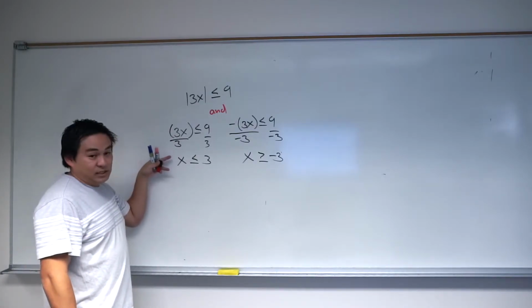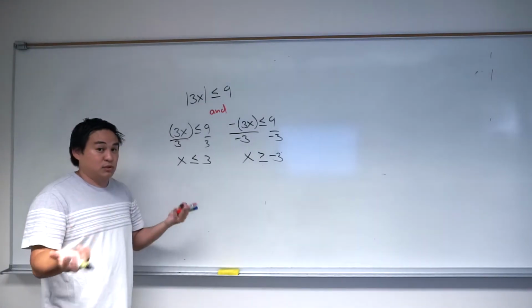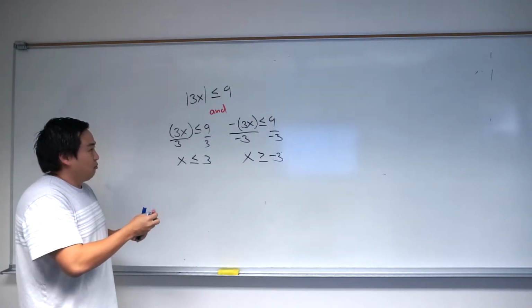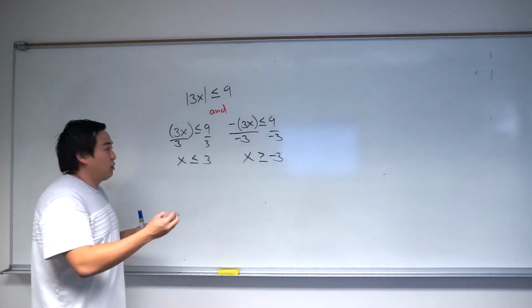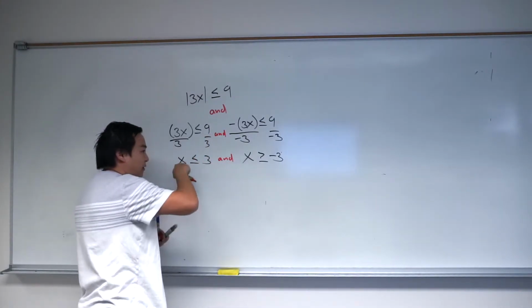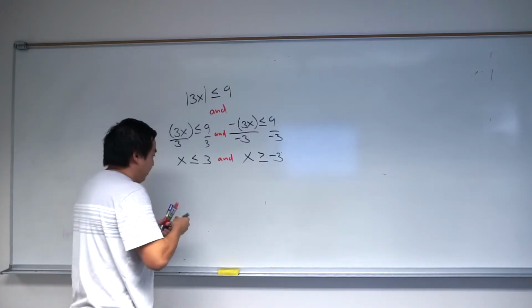Now once you have these 2 inequalities, we're going to solve it by graphing. And notice this type of problem really is a compound inequality problem, right? If I just carry down this AND, after we got to this point, we would graph it.